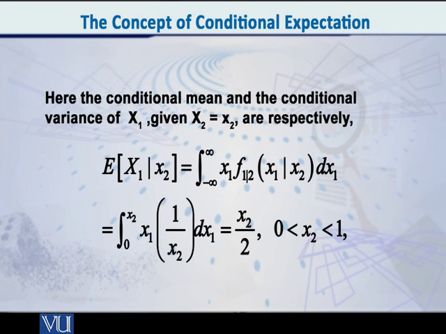The expected value of capital X1 given x2 equal to 0.5 is equal to 0.5 divided by 2, यानी half divided by 2, यानी 1 by 4. यानी कंडीशनल मीन आ गई है equal to 1 by 4 in that situation when x2 is being taken equal to 1 by 2. This is the manner in which you should interpret a conditional mean.